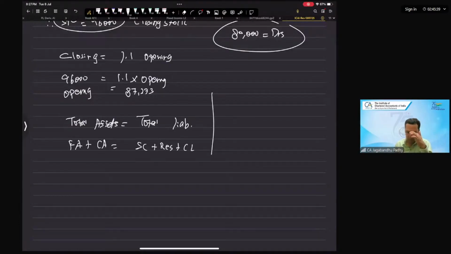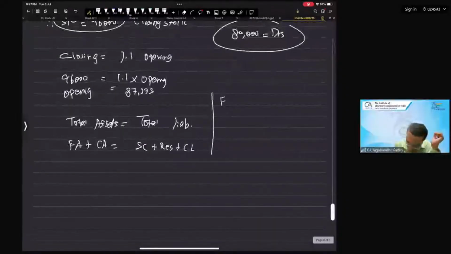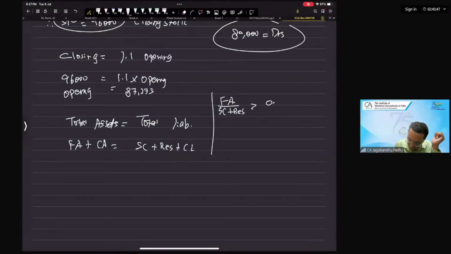And since we have a ratio of fixed asset to proprietary fund, fixed asset to share capital plus reserves, this ratio is given as 0.6. So you can say fixed asset will be equal to 0.6 times share capital plus reserves.